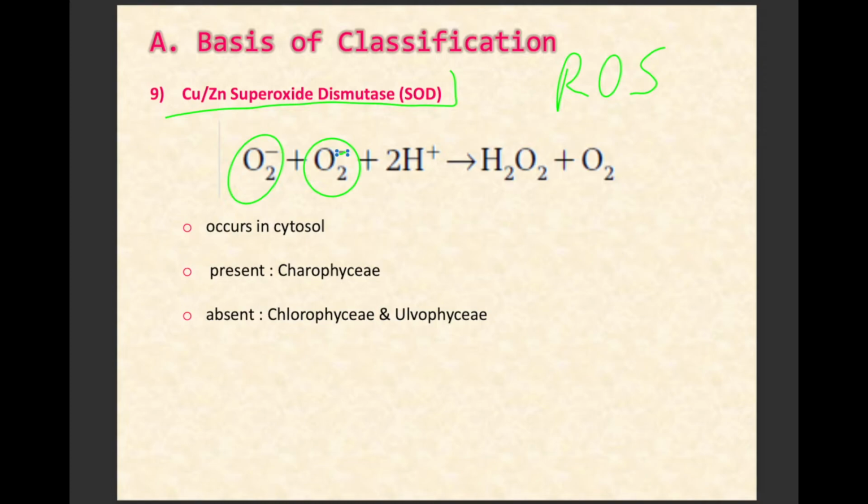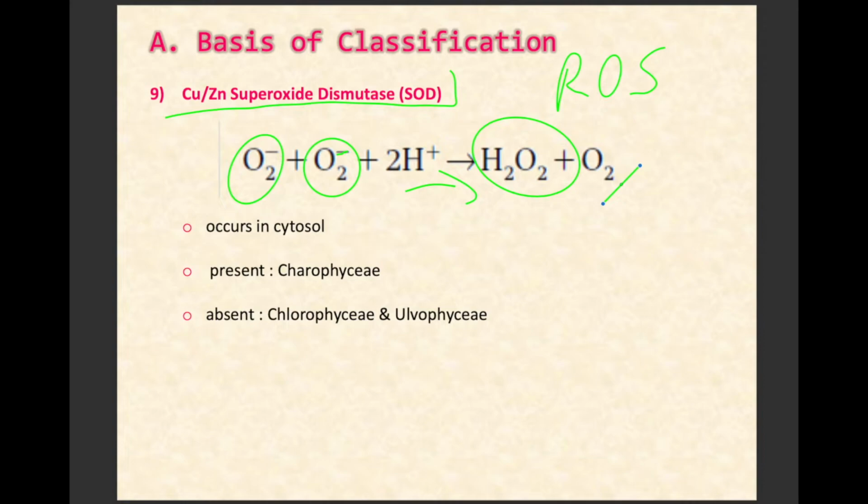Very reactive yung mga reactive oxygen species. Kaya reactive oxygen species yung tawag sa kanila. But essentially, ang ginagawa ng superoxide dismutase is to convert this reactive oxygen species, this reactive oxygen radical, into a lesser reactive form, which is your hydrogen peroxide plus oxygen right here.